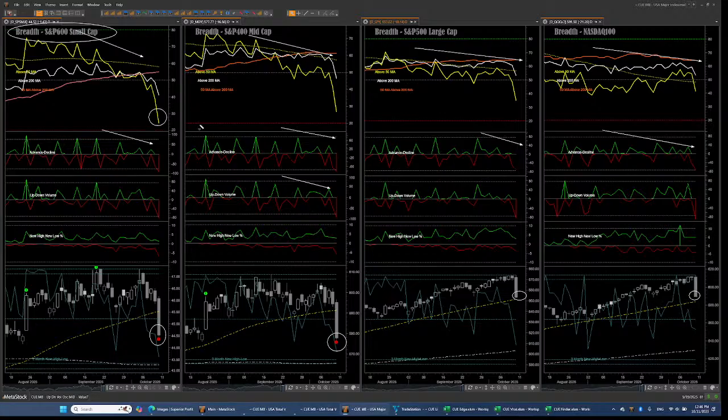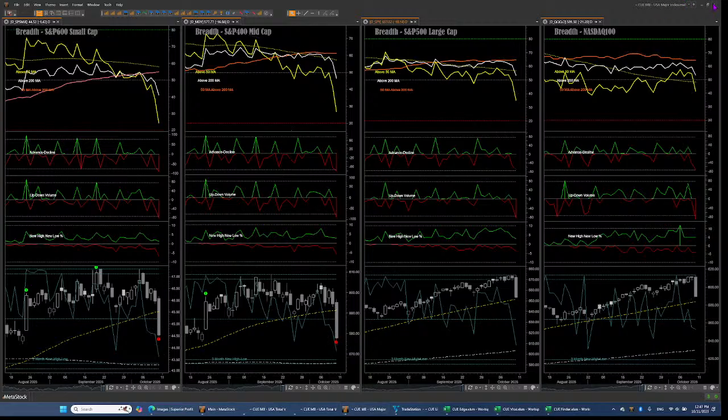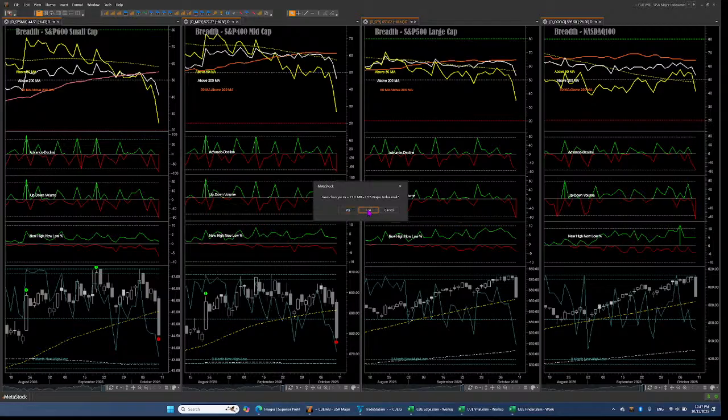Percentage of stocks above 50-day moving average all moved into the lower half bearish territory but not oversold level yet. And 3-month new high low also moved into bearish territory, not oversold in any of the pockets. All of these are pointing to a further down move ahead.